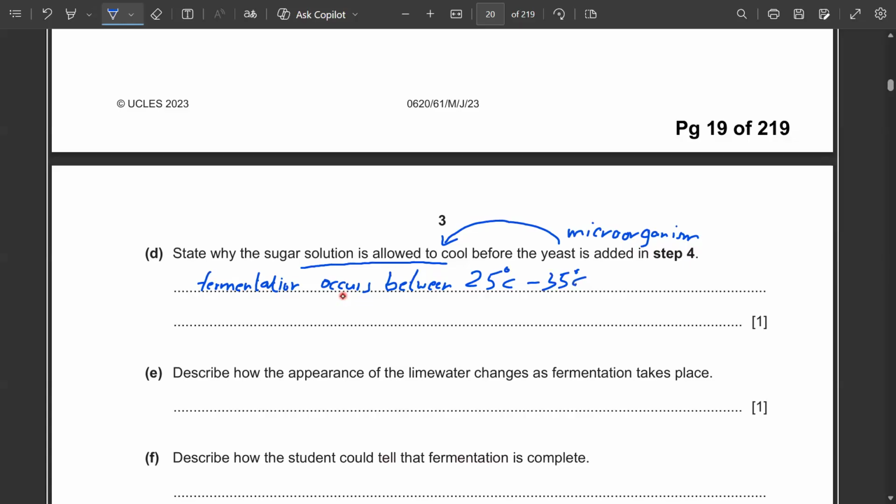The enzyme which we are using here is also the yeast. Enzymes are biocatalysts. So if you do not use this temperature range, we can say the enzymes are denatured. They are denatured at high temperatures.